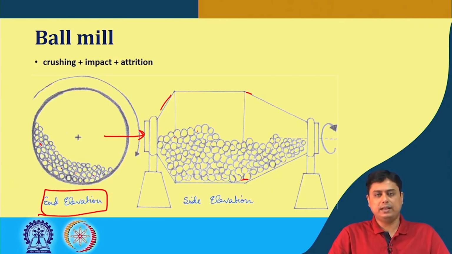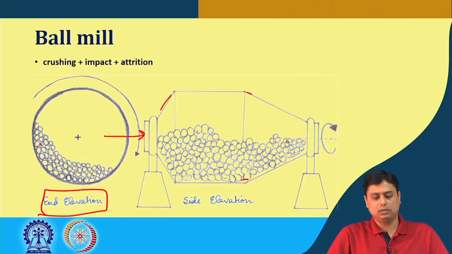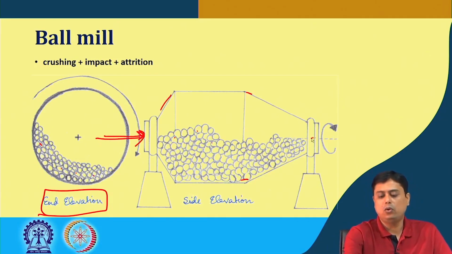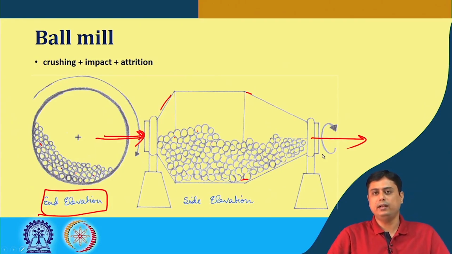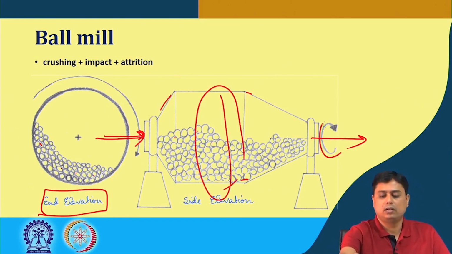But here, about half of the whole empty space in the equipment is filled with balls of different sizes. The feed comes in and goes out from the other side, and this whole body is rotating around its horizontal axis.